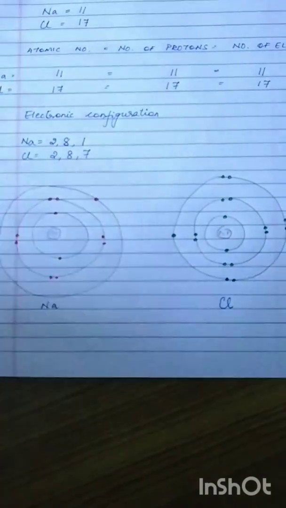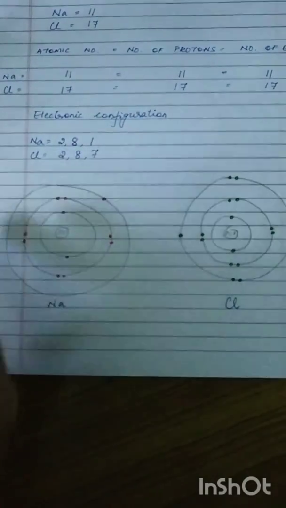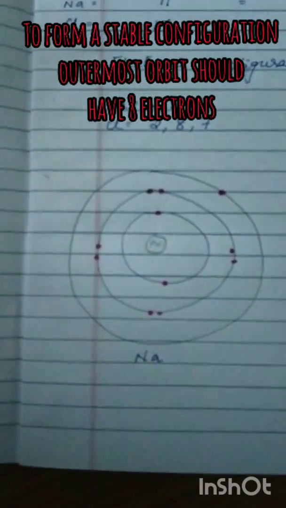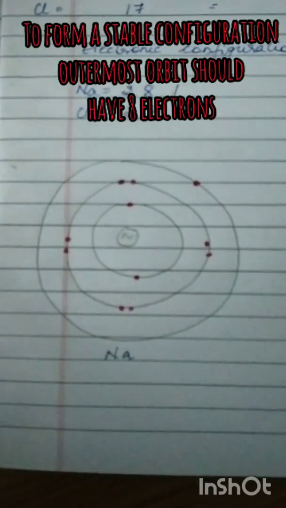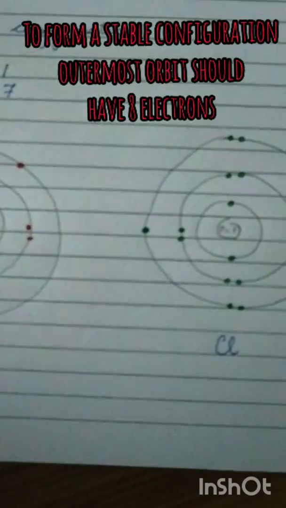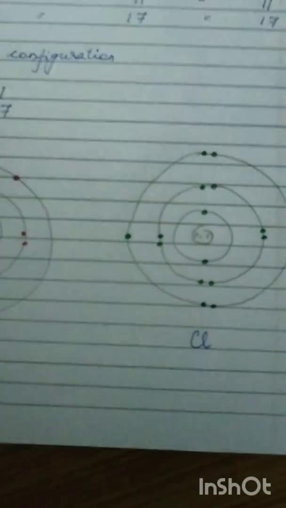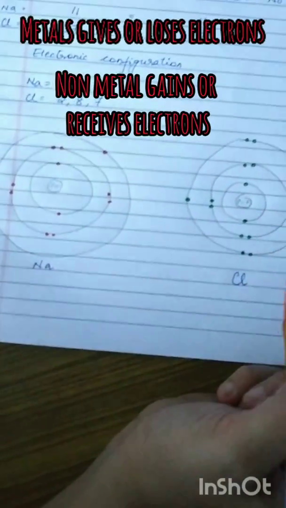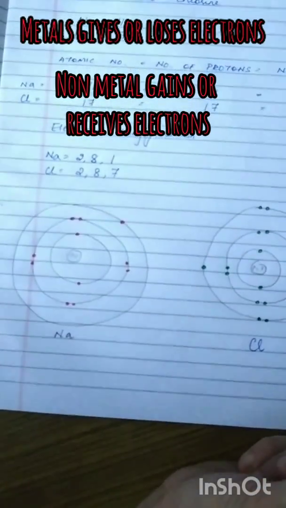Now we know that for any element to be stable, the outermost orbit should have 8 electrons, like noble gases. Noble gases have a stable configuration because the outermost orbit has 8 electrons. So whenever a bond is formed between a metal and non-metal, a metal always gives away electrons and the non-metal always accepts electrons.